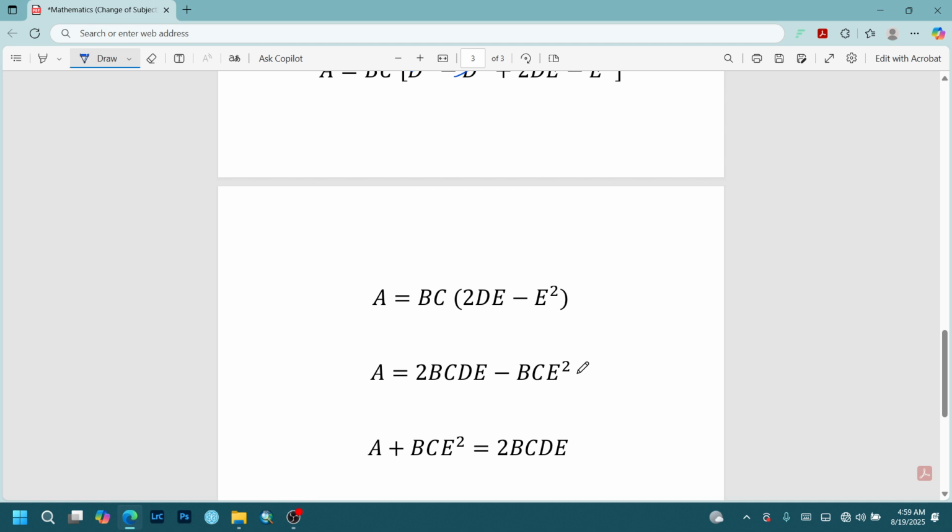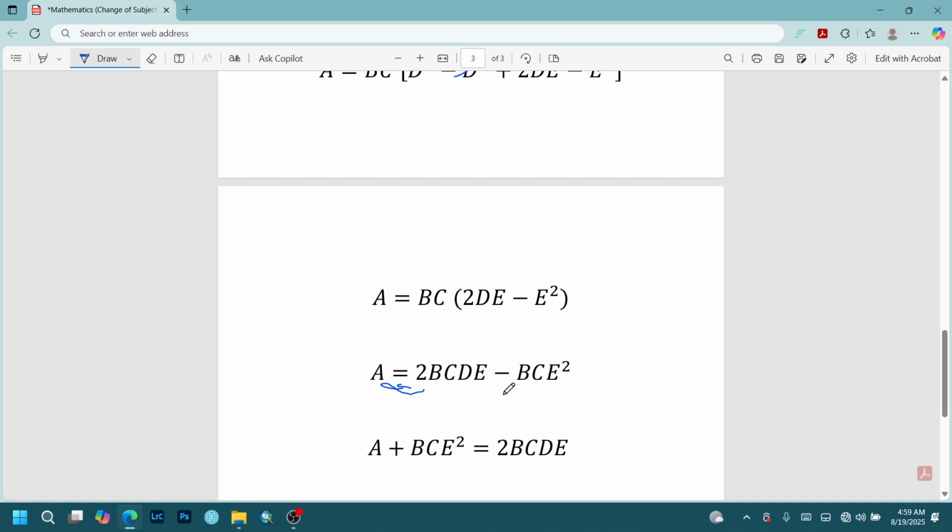So we have a equals 2bcde minus bce squared. So this bce squared is a negative number, it's a negative bce squared. So it will jump the equal to sign here, okay, to the other half of the equation.